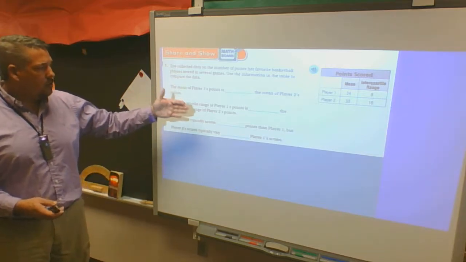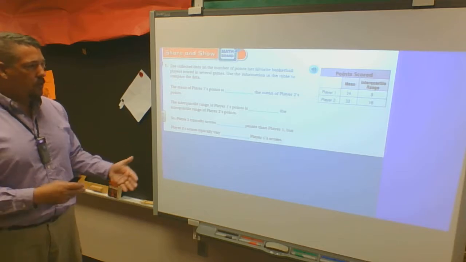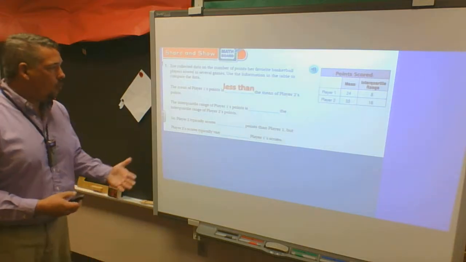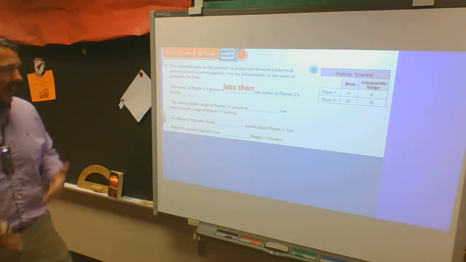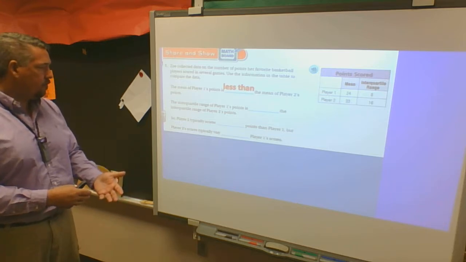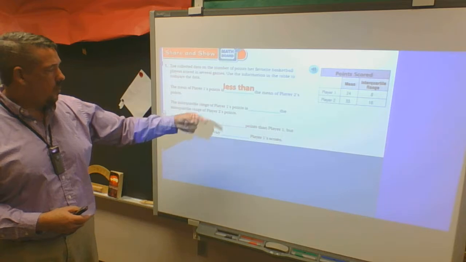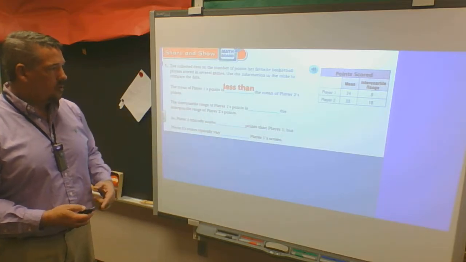The mean of player 1's points is what compared to the mean of player 2's points? So we're looking at that first column. Well, player 1's is less than the mean of player 2. I can tell that from the information. The interquartile range of player 1's points is blank the interquartile range of player 2's points.